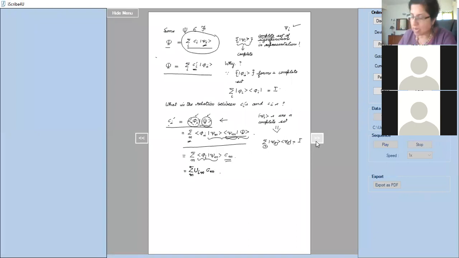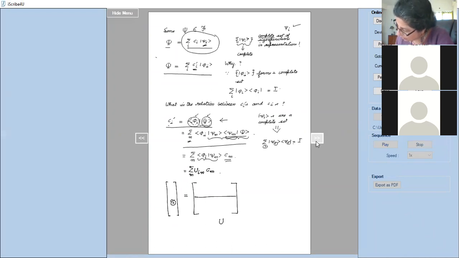Now let's look at it. This is how you will write. So this is some Ci prime, which is equal to, this is your U matrix, correct? So this is going to fix the row number. So this will be Ui1, Ui2, Ui3, and so on and so forth, right?